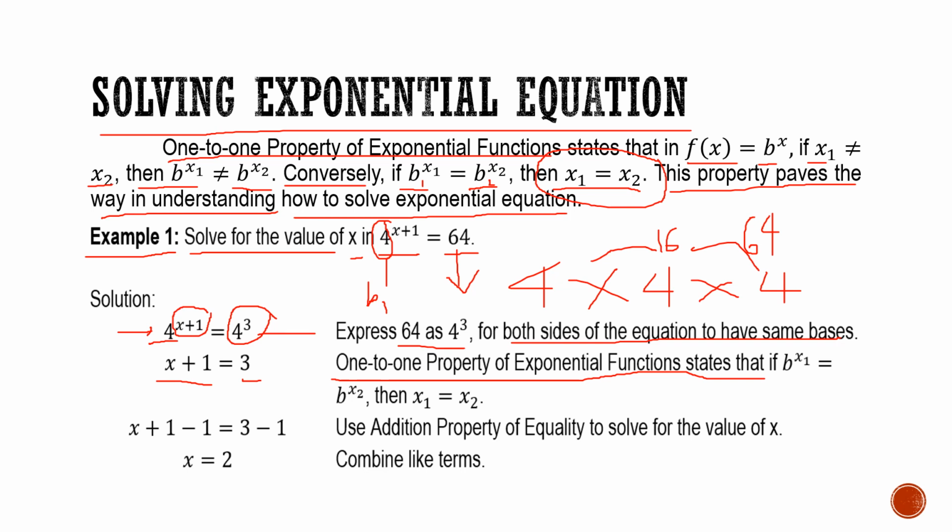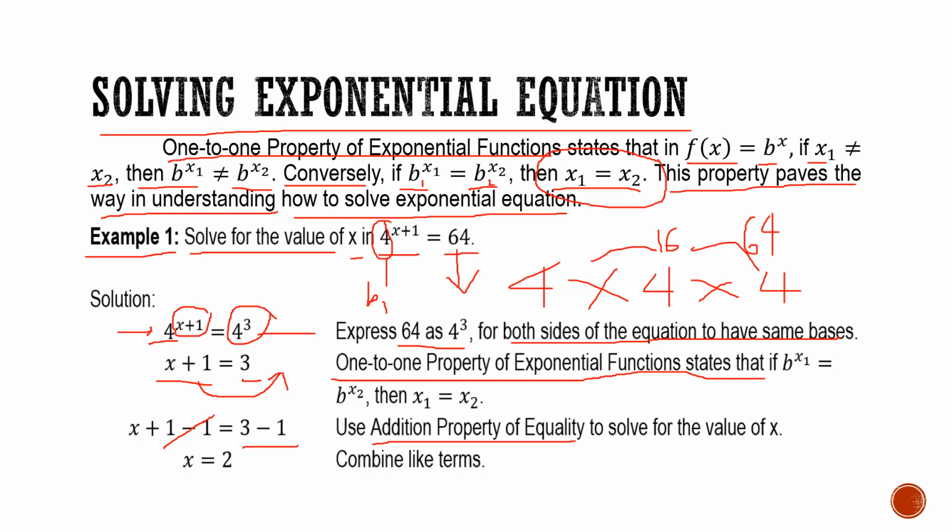Now, using the addition property of equality, we can transpose this positive 1 to the other side of your equation, from a positive value to a negative value, or we can simply subtract both sides of your equation by 1 for us to cancel out this 1 here and to subtract 1 on the other side.